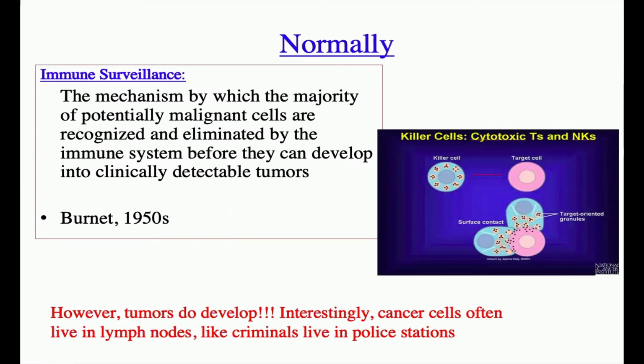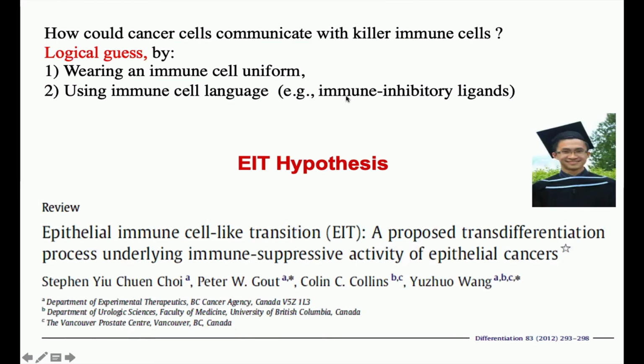So one of the angles we tried to look at, back before immunotherapy became so hot, is that we often heard cancer cells living in lymph nodes, just like a criminal living in a police station. So why can cancer live in the police station? If a criminal can live in a police station, they need to wear the uniform and speak the language.